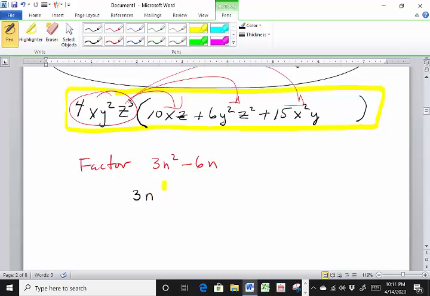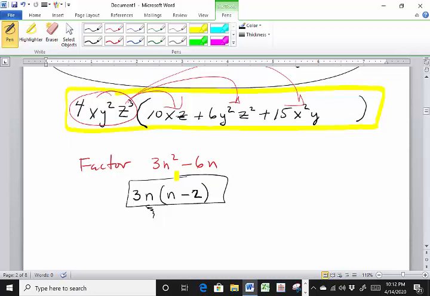Okay? So 3n times what gives me 3n squared? Well, just n. And then 3n times what gives me minus 6n? Well, 3 times minus 2 gives me the negative 6, and then the n's already there in the GCF, right there. So it's just 3n times n minus 2. That's factored. Okay?